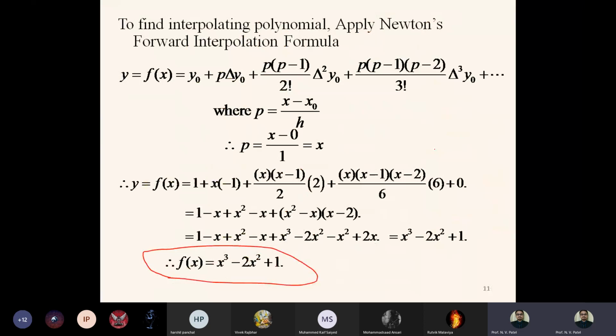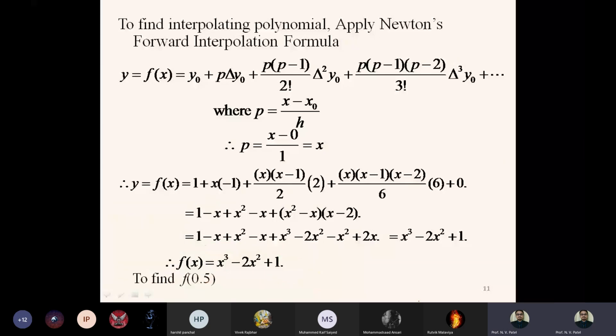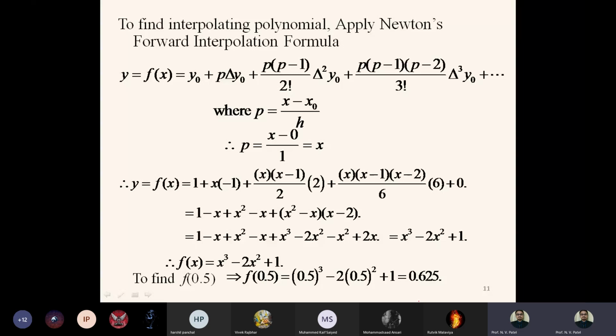That is x cube minus 2x square plus 1. Now the question says calculate f of 0.5. So if it says to find f of 0.5, just put x equal to 0.5 in this polynomial. So that is 0.5 whole cube minus 2 into 0.5 square plus 1. Simplifying that, the value is 0.625.